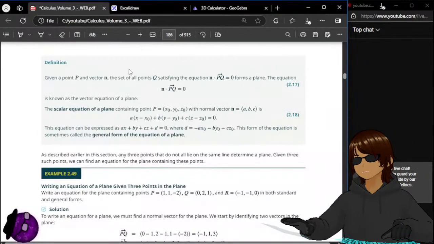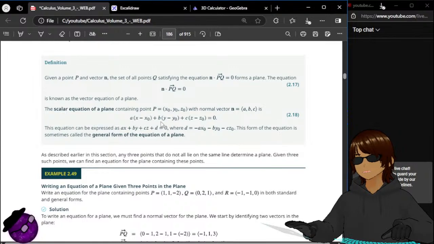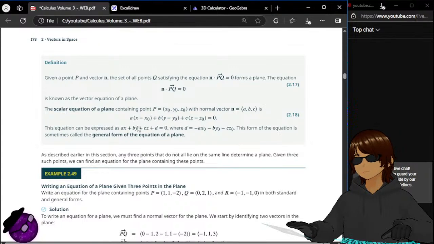So wait, A, B, C. They want the standard form. This is a vector form. This is the general form. What do they mean by the standard form? Do they mean this?